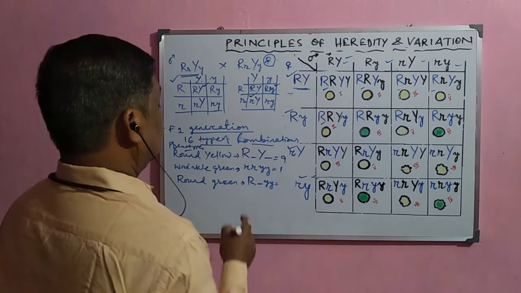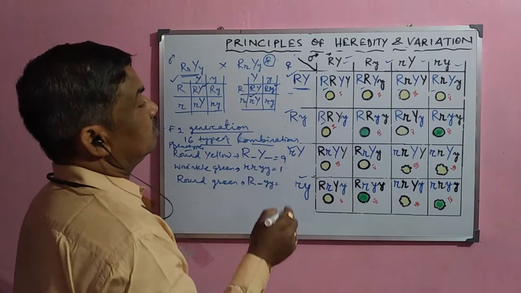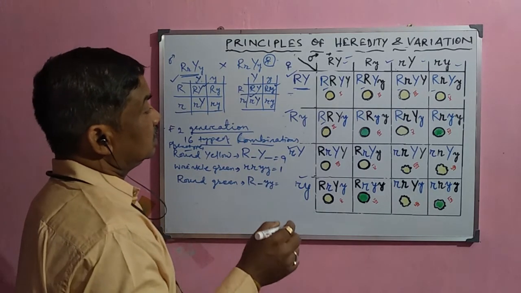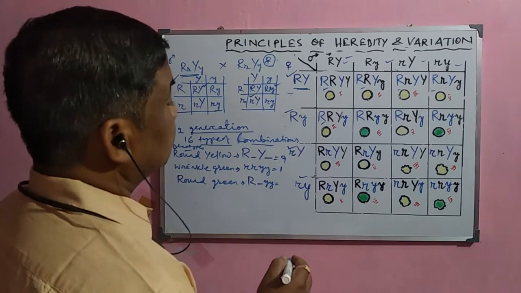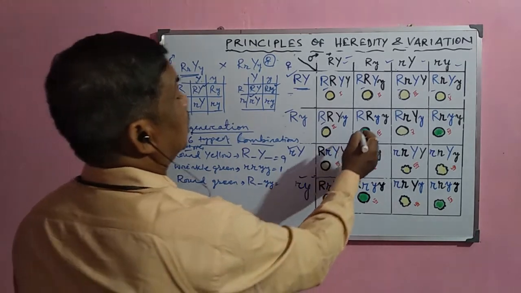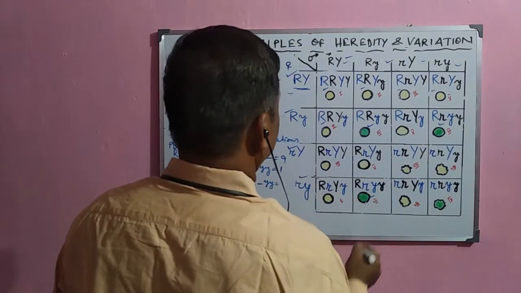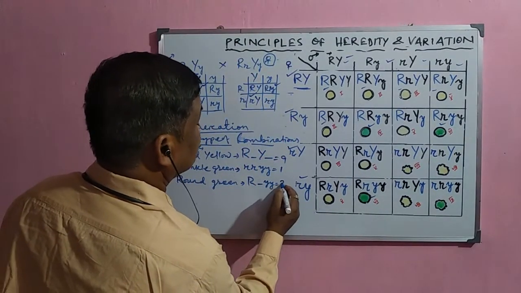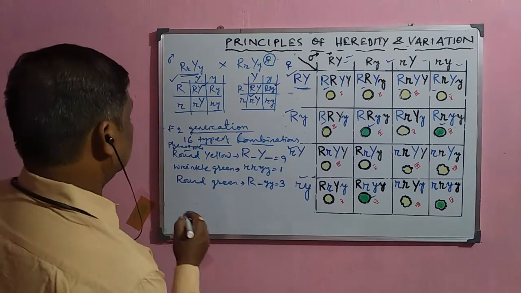He observed capital R at least 1 and 2 small y. So these are the green ones. How many round green did he observe? One round green, another round green, and another round green. So 3 round green, which are the new variety observed here.